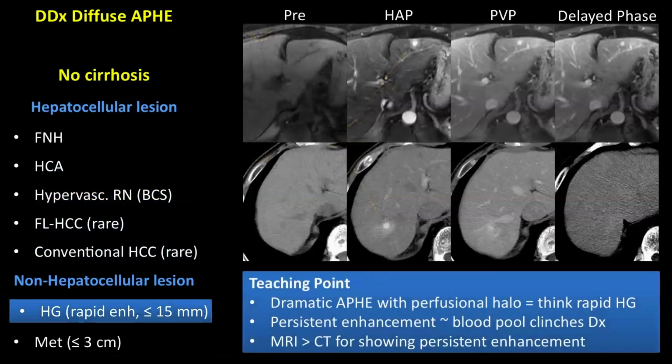Teaching point, dramatic arterial phase hyperenhancement with perfusional halo. Think rapidly enhancing hemangioma. If you do an MRI and you see the persistent enhancement, that clinches the diagnosis. MRI is superior to CT for showing the fact that it's following the blood pool.